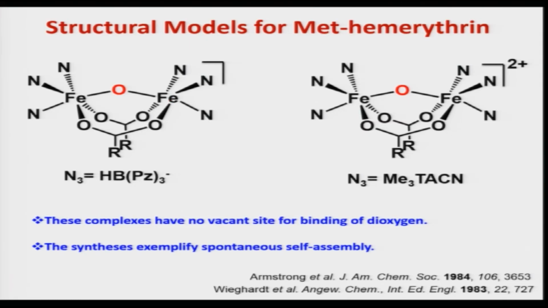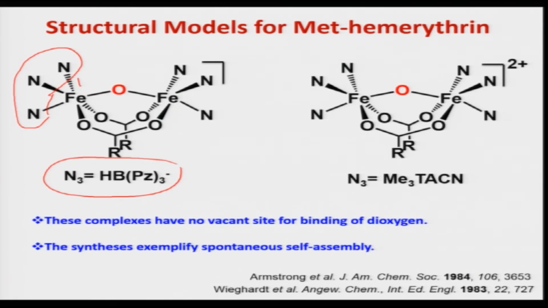It is impossible to make the asymmetric iron centers, which we have observed in case of hemerythrin, without protein, because protein makes 2 different iron centers possible. The 3 histidine group is replaced by pyrazolyl borate, a tridentate chelating agent.